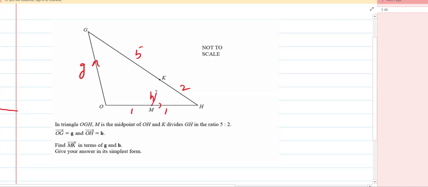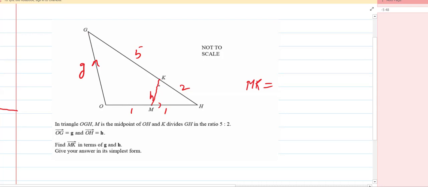For finding this MK, now look at the closed path. If you have to find this MK, look at the closed path that is possible for that one. MK can be either you go from here and then here. That's one possibility. Or you can go from here, here, and then here.